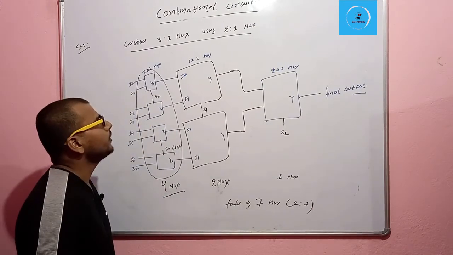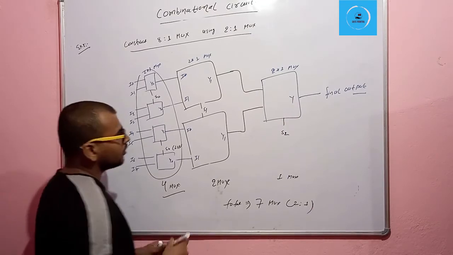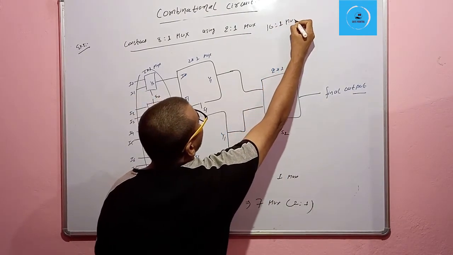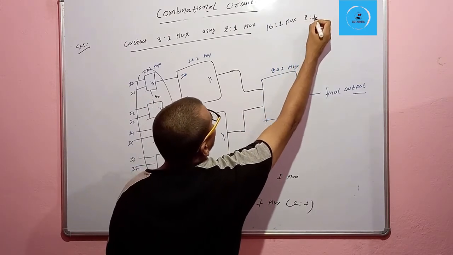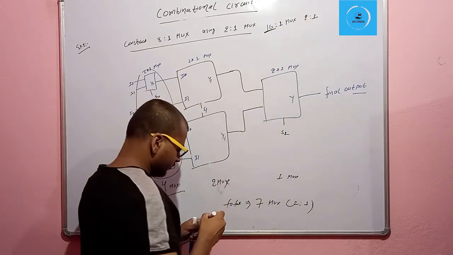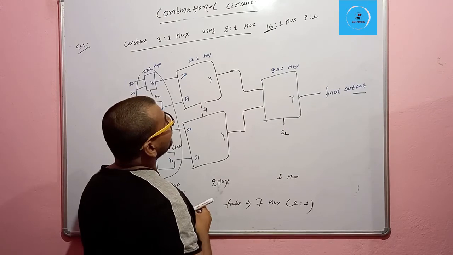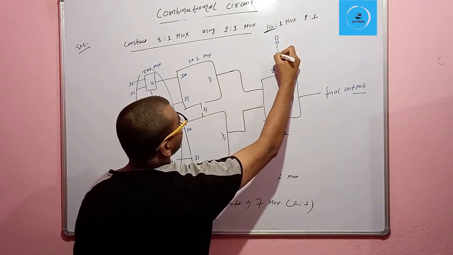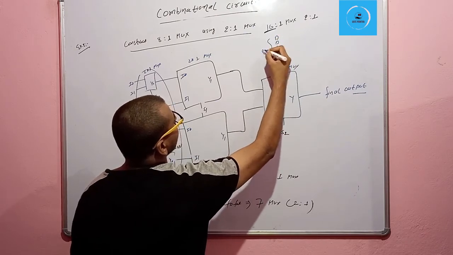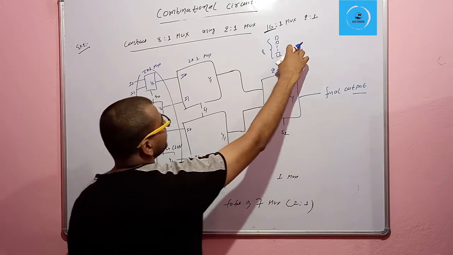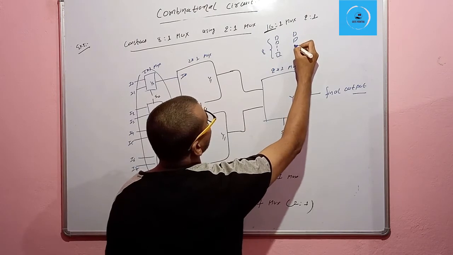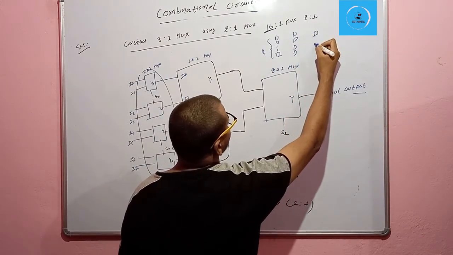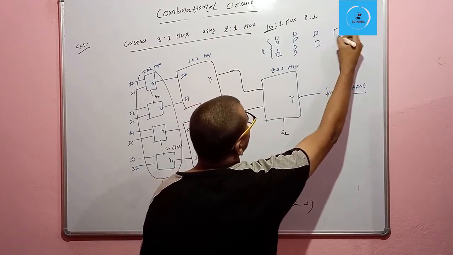So now we can see how we can construct a 16 to 1 mux using 2 to 1 muxes. For getting 16 inputs, we require 8 2 to 1 muxes in the first stage. In the second stage, we require 4 muxes, in the third stage 2 muxes, and in the last stage 1 mux.